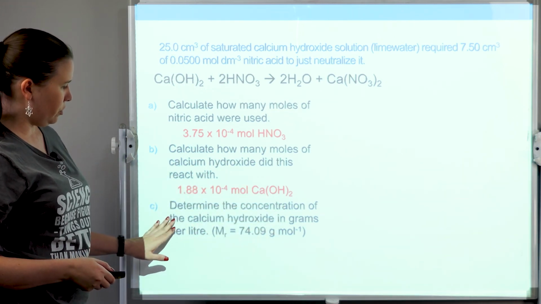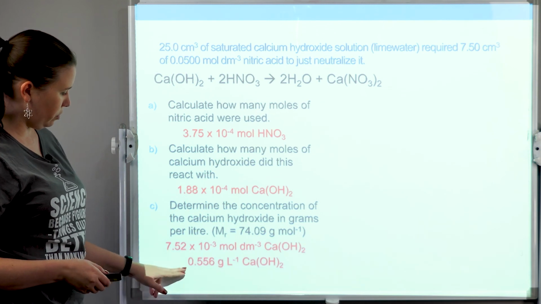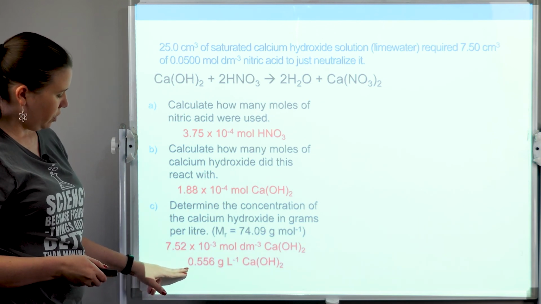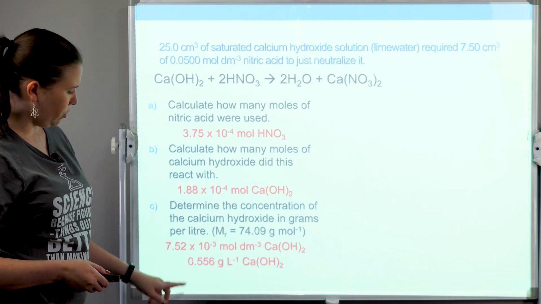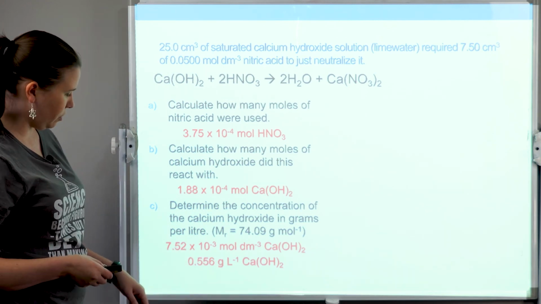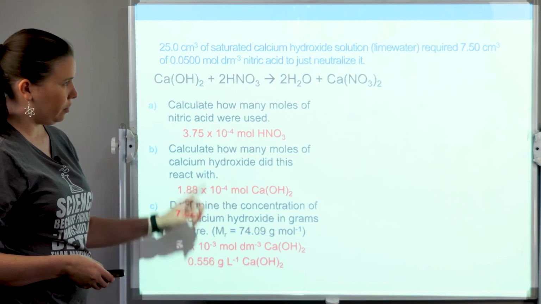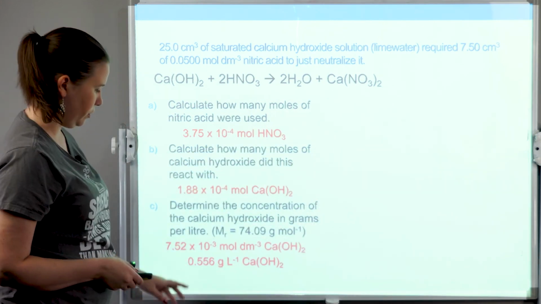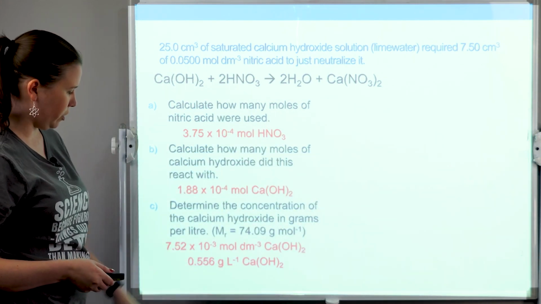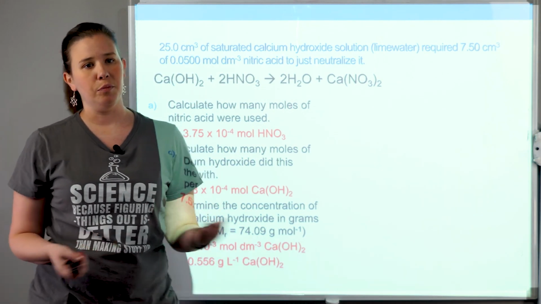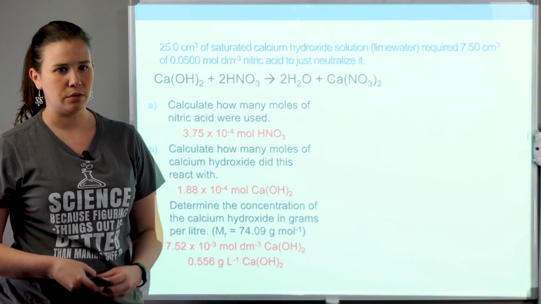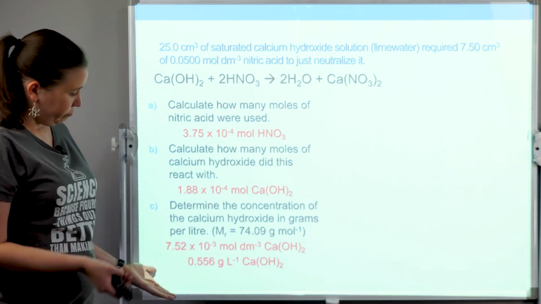Then for our concentration in grams per liter, final answer down here at the bottom, 0.556 grams per liter, or 5.56 times 10 to the negative 2. Should have been to the negative 2 over there, grams per liter on our calcium hydroxide. I'll take it either way, in scientific notation or not. IB does tend to lean more towards scientific notation given the chance most of the time.